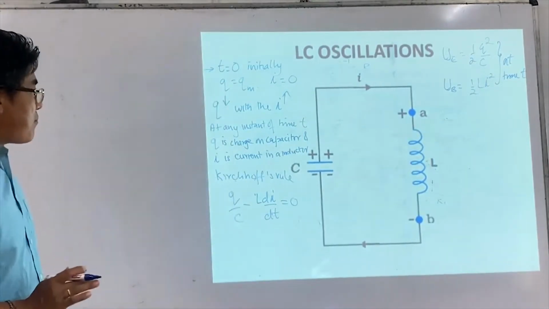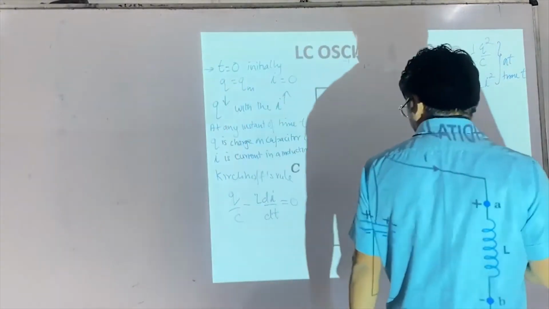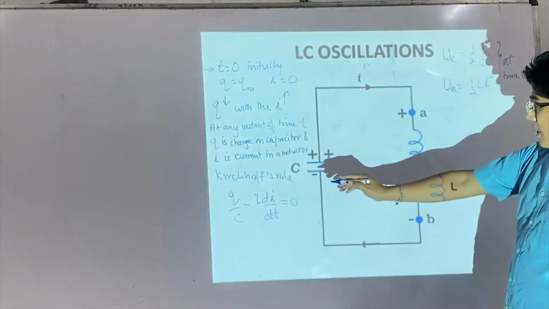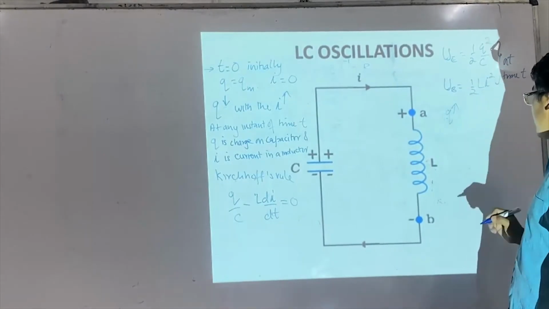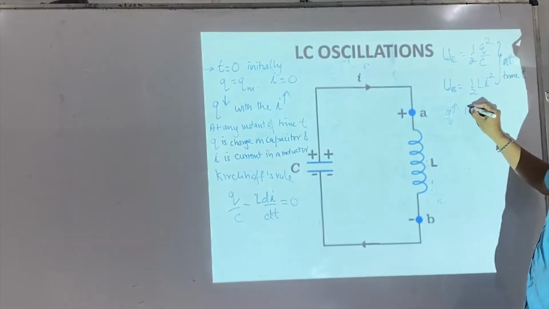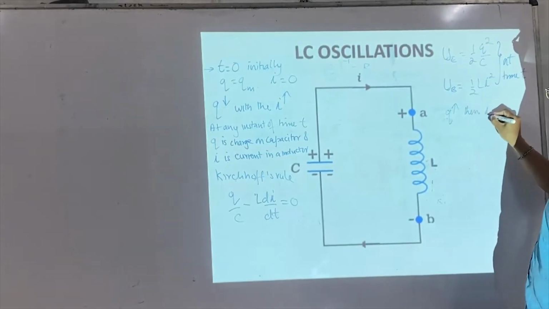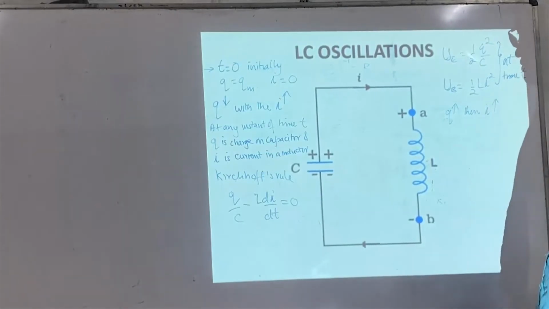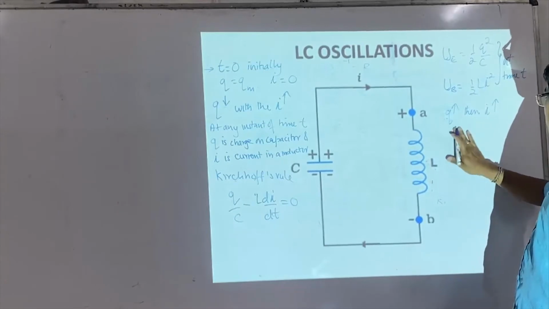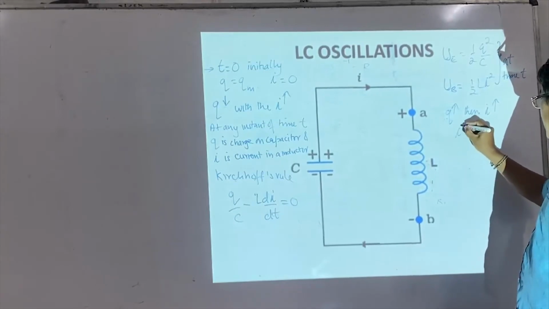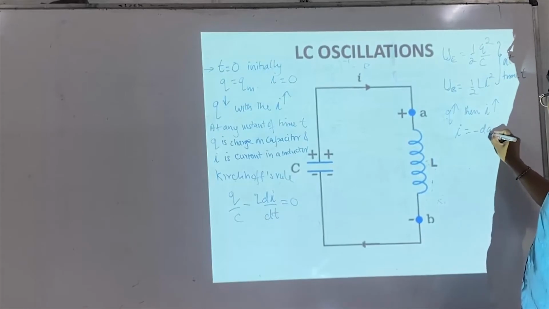And one more very important point is that if Q decreases, then I increases. Therefore, I can be defined as minus dq by dt.